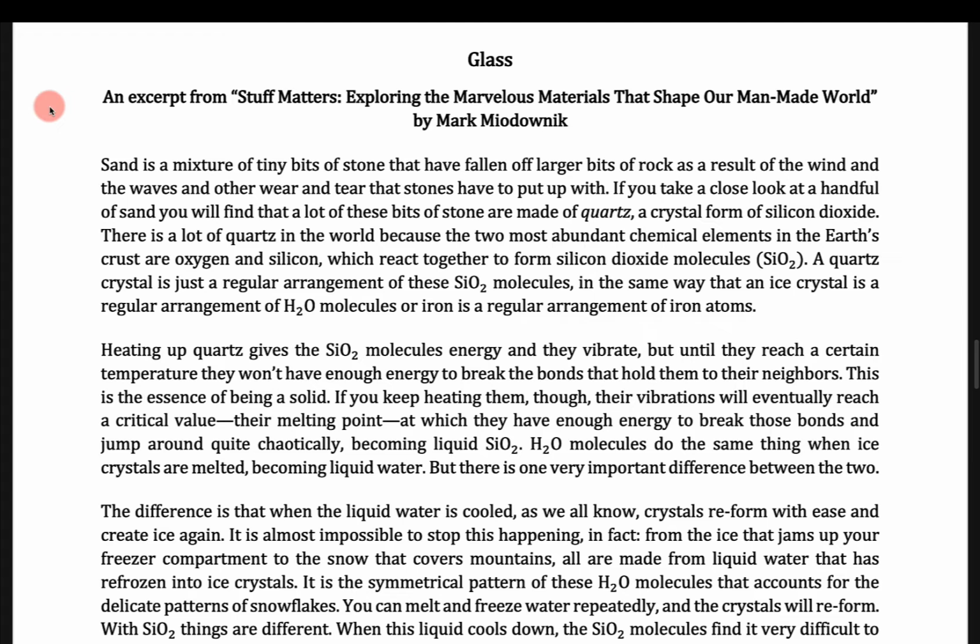You might not have ever wondered what glass is made of chemically, but this book explains what these materials are chemically. So hopefully you enjoy these readings. It gives you an opportunity to see glass and graphite, the material that makes up the tip of your pencil, a little differently.